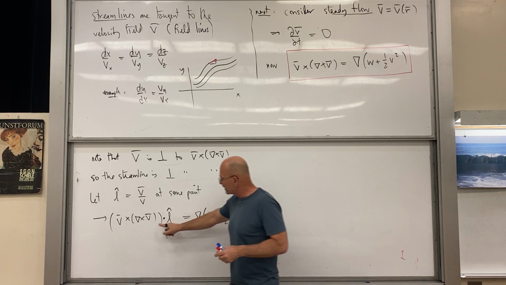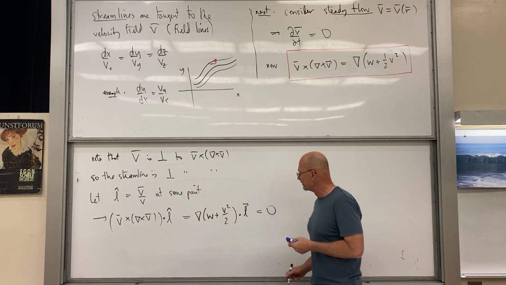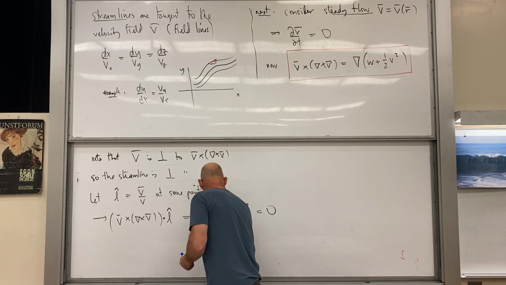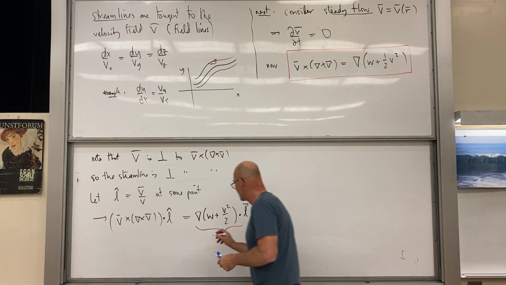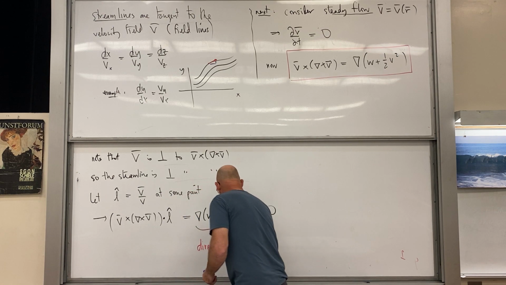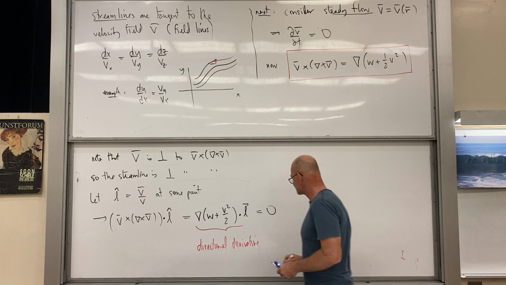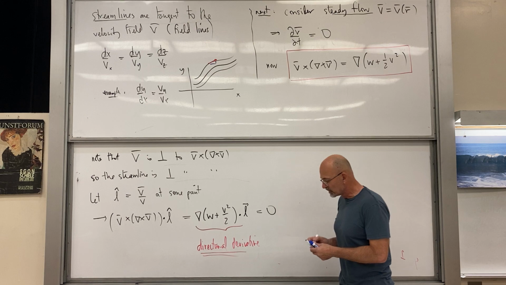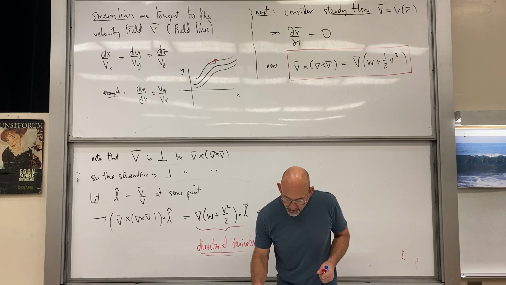So this is just by the property of the cross product, and this by the fact that we had an equation. Now we just have to recognize this thing as the directional derivative. And depending on what nomenclature you're familiar with for the directional derivative, I think I have a couple of different versions here.